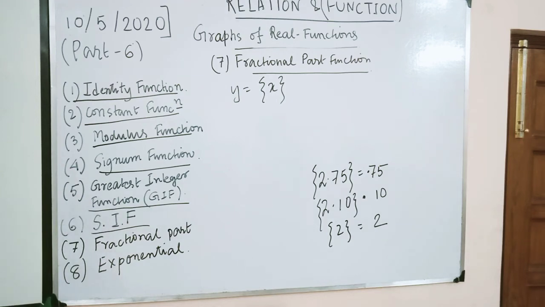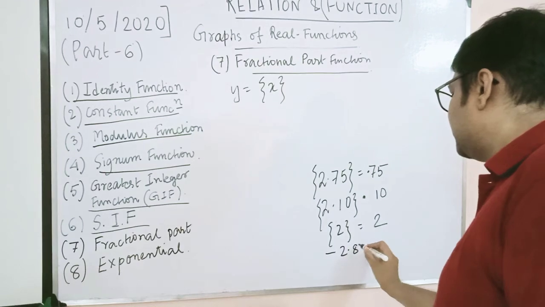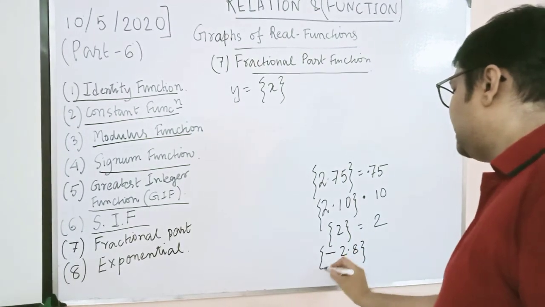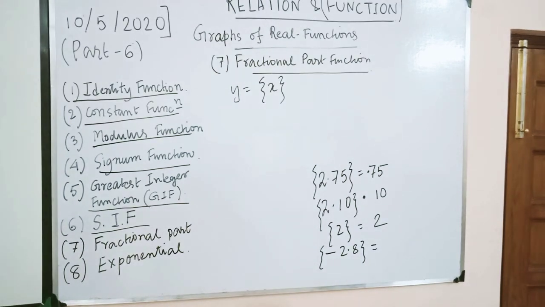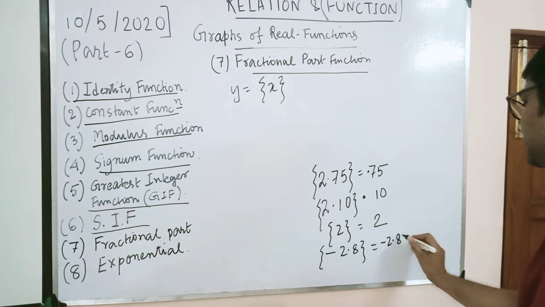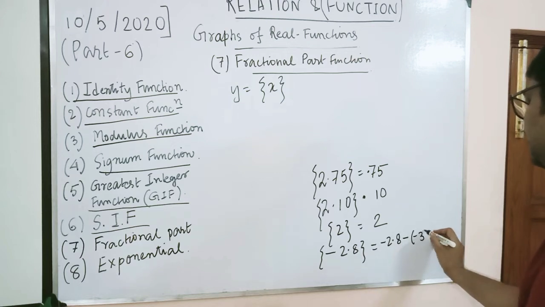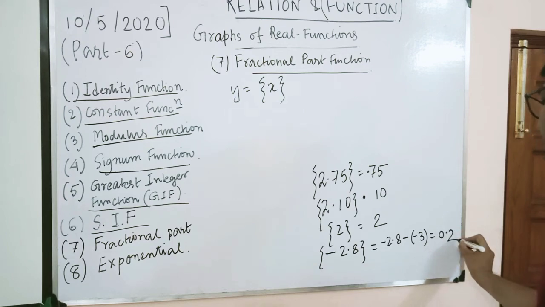Now regarding the negative values, say I get something like minus 2.8. Minus 2.8 means a minus 3 has to be subtracted from it. So it becomes minus 2.8 minus of minus 3, that means plus 3, so 0.2.